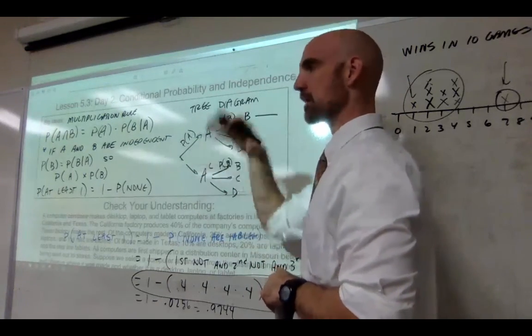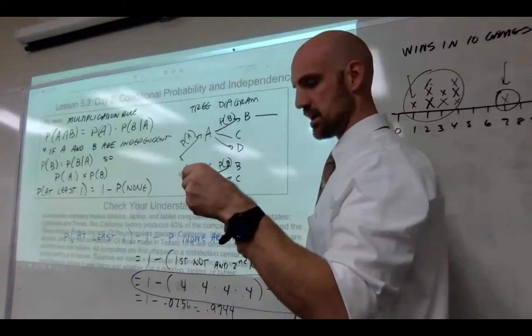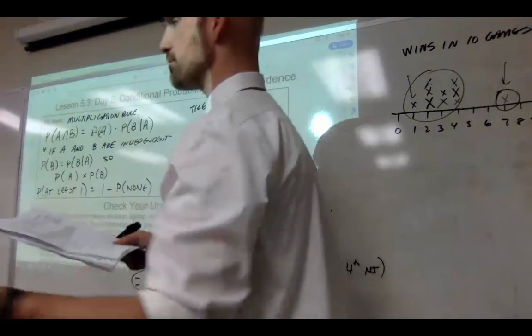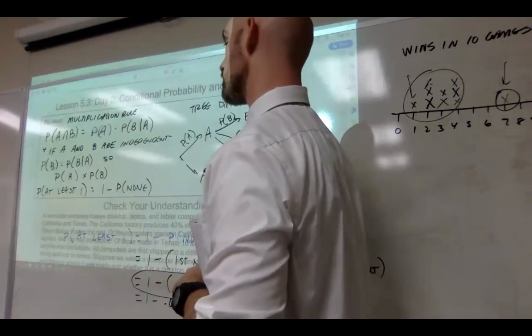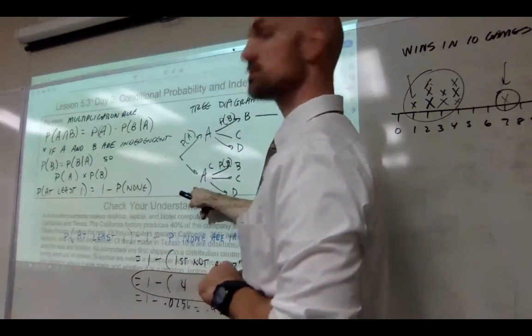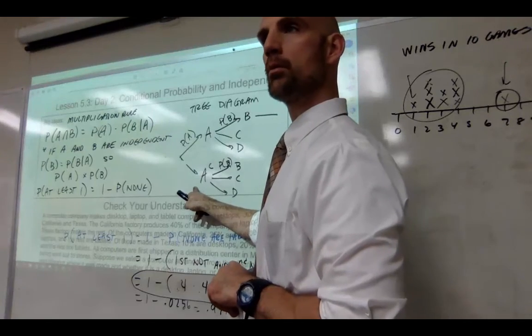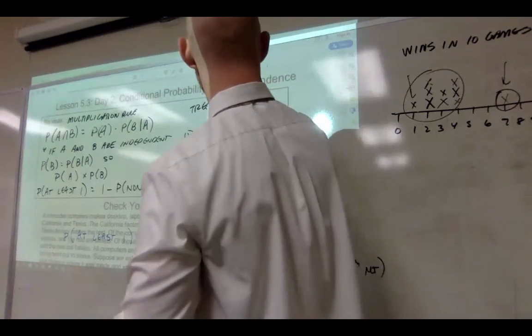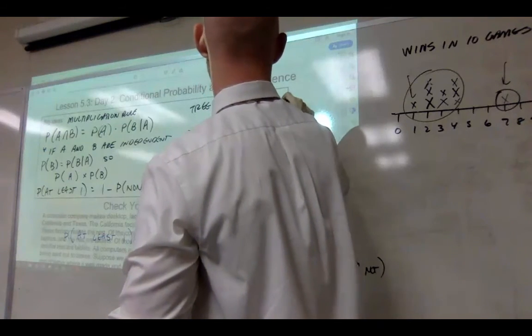In the problem, it said, of the computers made in California, 25% are desktops. So that 25 goes here because it's subject to having been a part of the California totals. So then on this line goes the probability of A times the probability of B.